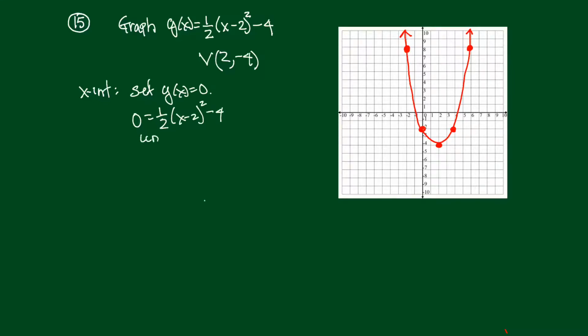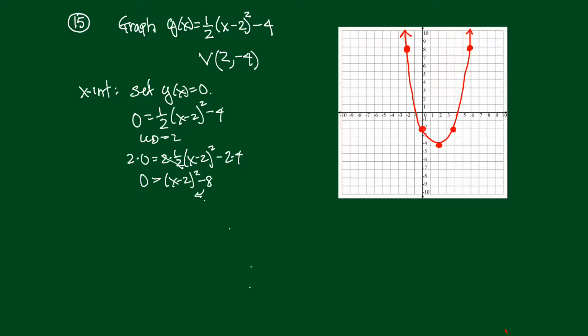Now, the LCD here is 2, so multiply everything by 2. It'll be 2 times 0 equals 2 times 1/2 of (x minus 2) squared minus 2 times 4. So 0 equals, those cancel, that's why we did it, (x minus 2) squared minus 8.